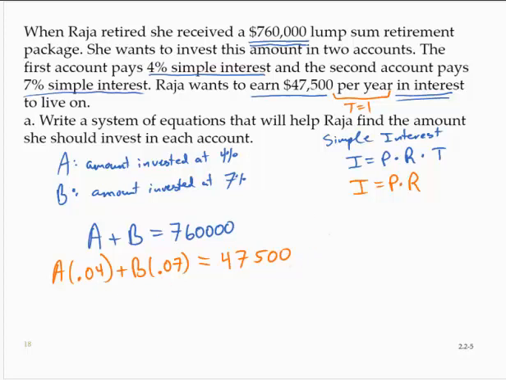We have A plus B is 760,000, and then we would usually write that as 0.04A plus 0.07B is equal to 47,500. So there's our system of equations.